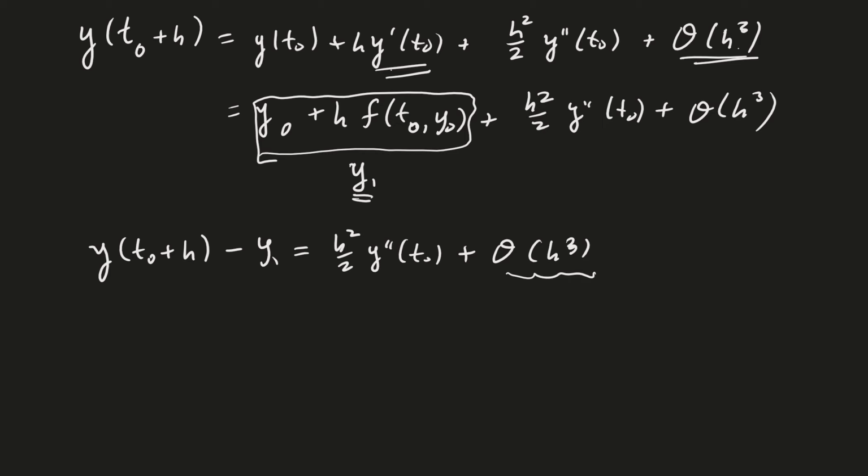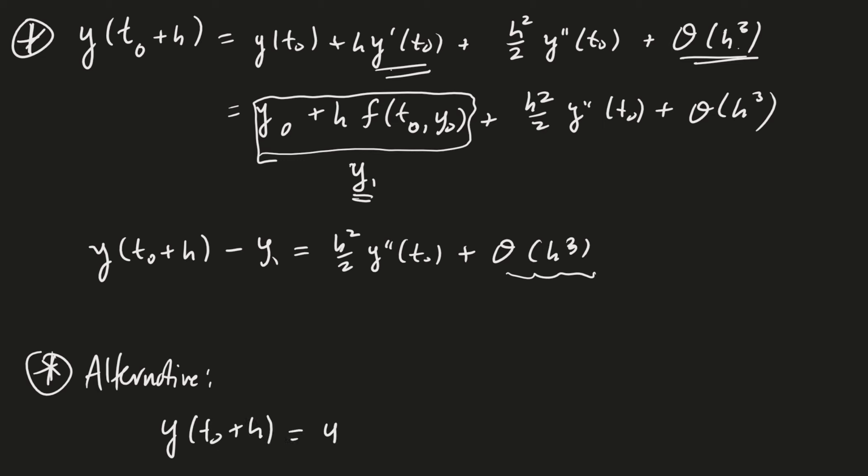And the way to do that, so let me make a star here. Alternative form is to write y of t0 plus h equals y of t0 plus h times y prime of t0 plus h squared over 2 y double prime at c.